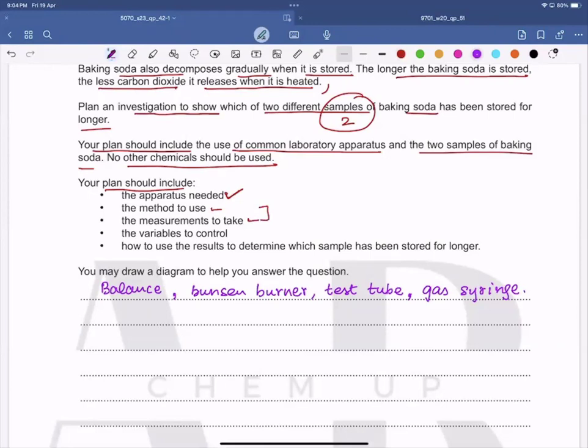So see what we will do. First, we record the mass of samples.